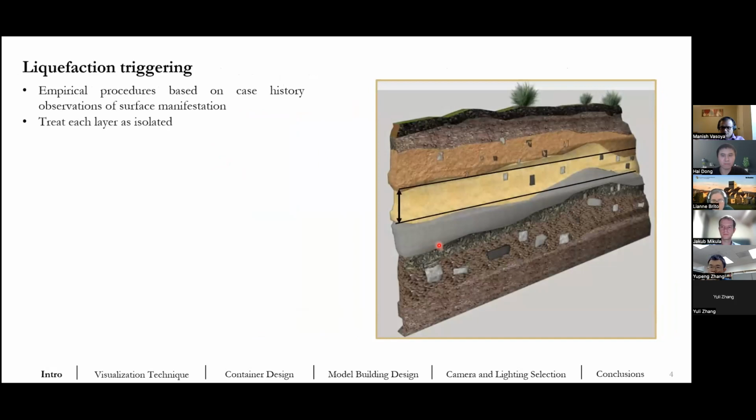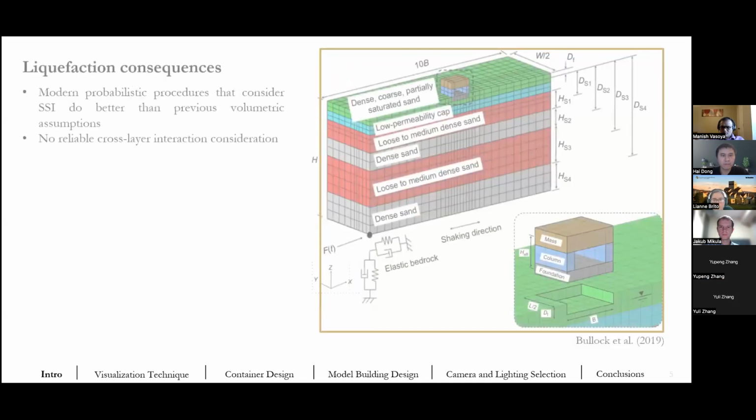The second issue is that they treat each layer in isolation, assuming it doesn't interact with anything surrounding it. In these procedures, it doesn't matter if you have a sand layer in between two thin silt layers, or if there's a really deep loose layer that's going to generate high excess pore pressures towards the surface. These circumstances are not taken into account whatsoever.